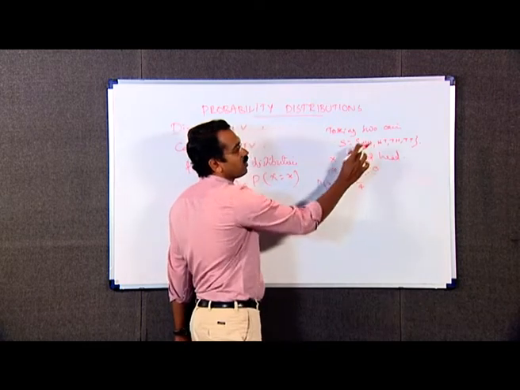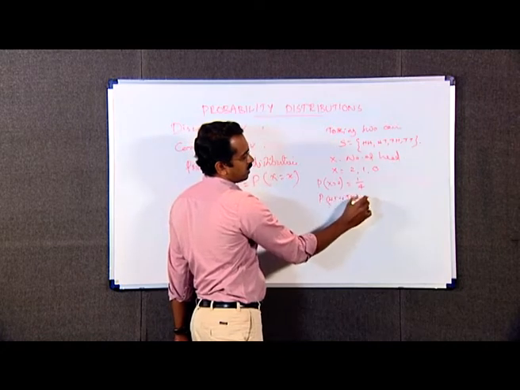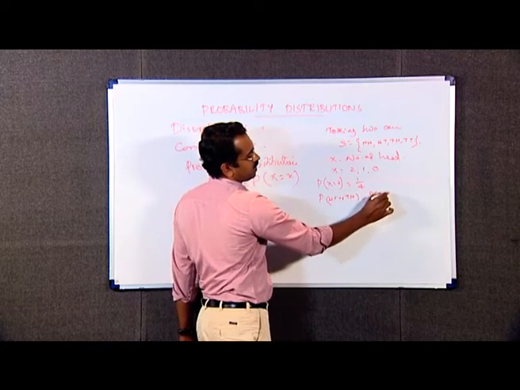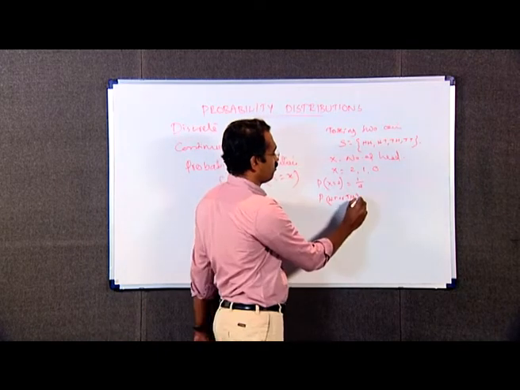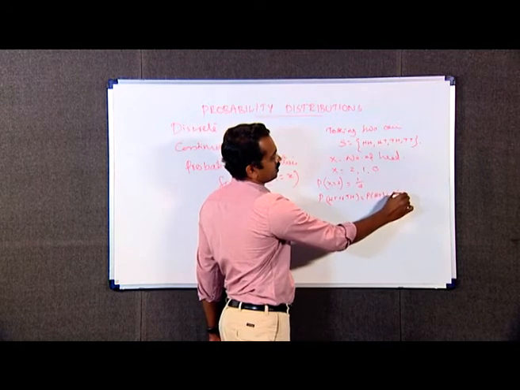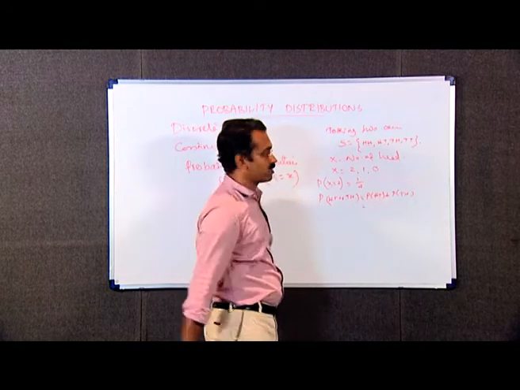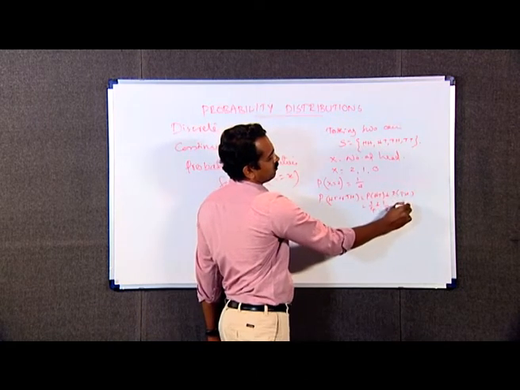Probability of getting one head means HT or TH, that is p of x equal to 1 is equal to probability of HT plus probability of TH, that is 1 by 4 plus 1 by 4, that is 2 by 4.